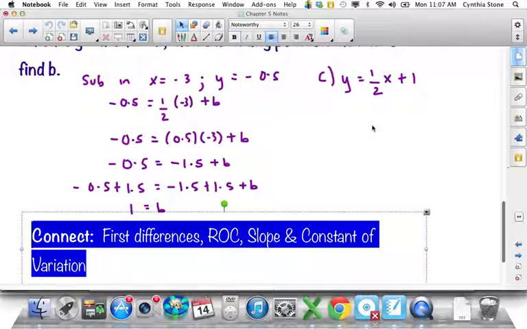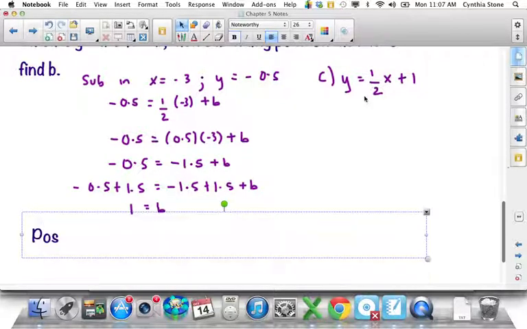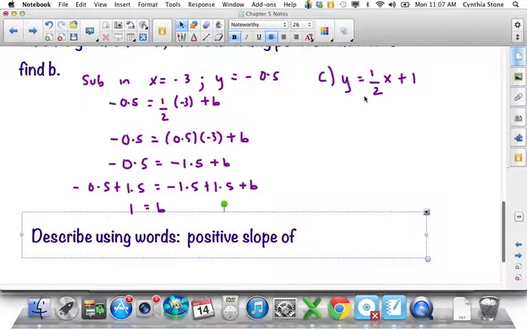It's a positive slope, so I can say it's got a positive slope of 0.5 or 1/2.